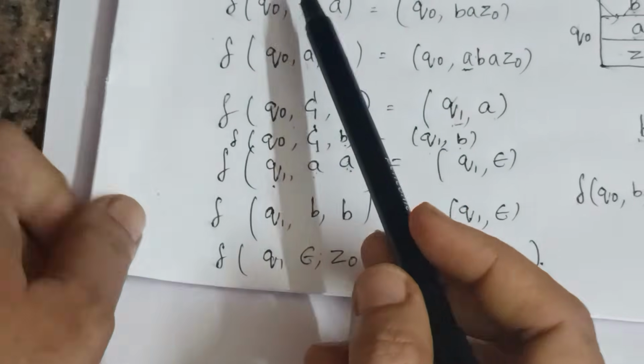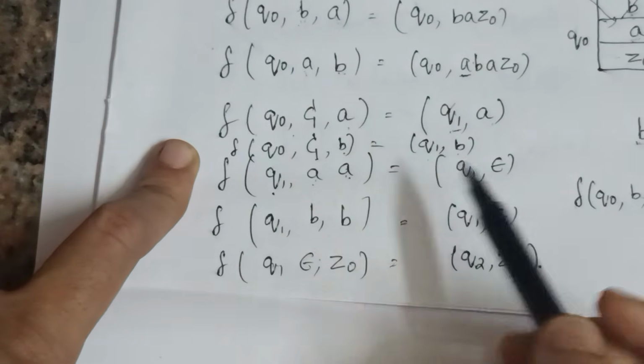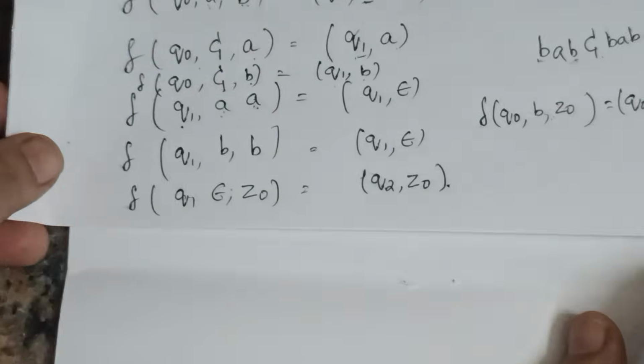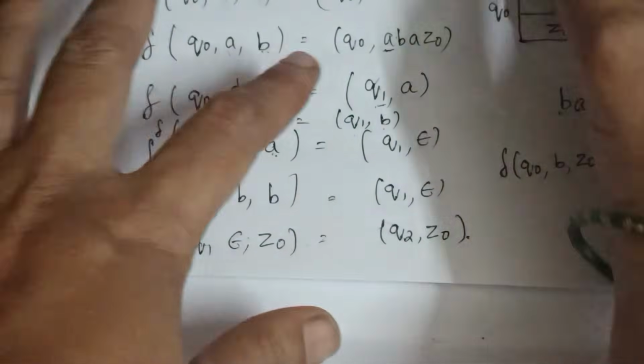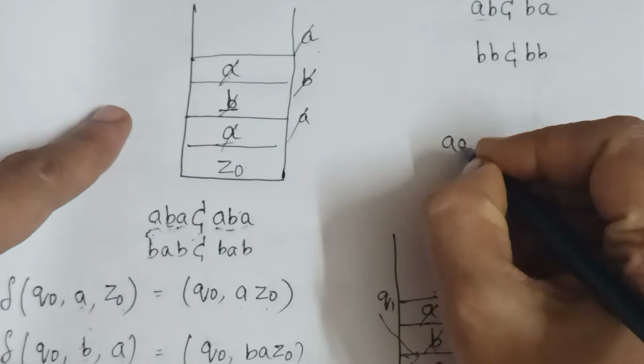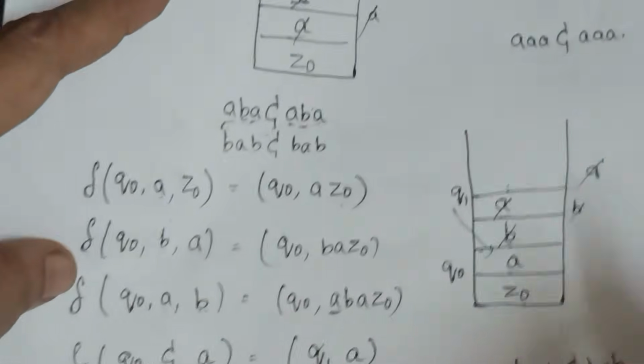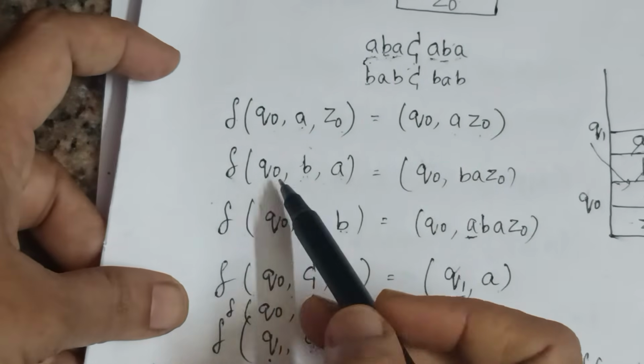So in this way, yes, you can also add one more transition function. If I have 3 A's, C, the reverse of these 3 A's is 3 A's only. So pushing all A's can also happen.